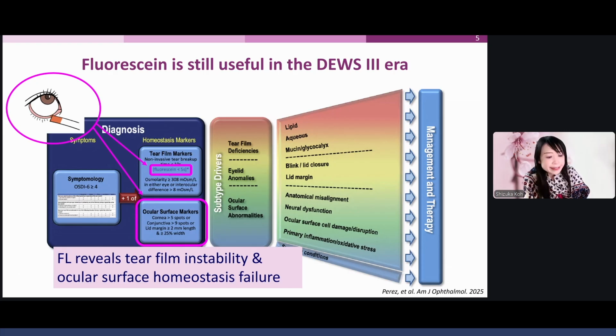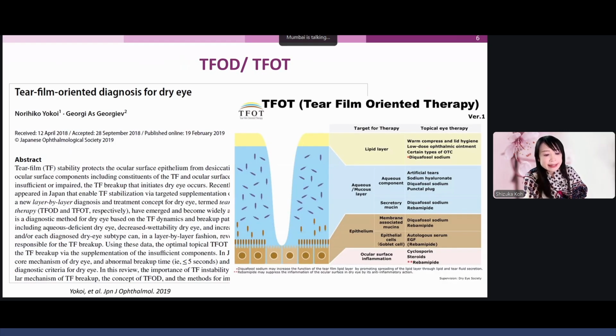I'd like to introduce a concept that was originally developed in Japan. Tear film-oriented diagnosis and tear film-oriented therapy. We call them TFOD and TFOT, T-fold and T-fold. This approach has now been incorporated into the recommendation of the Asia Dry Eye Society.